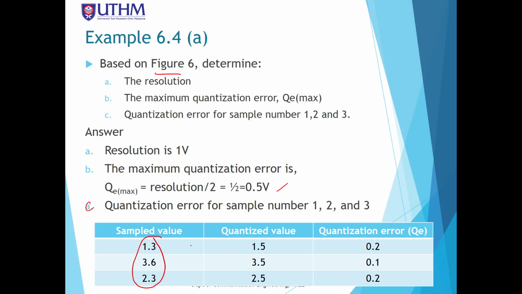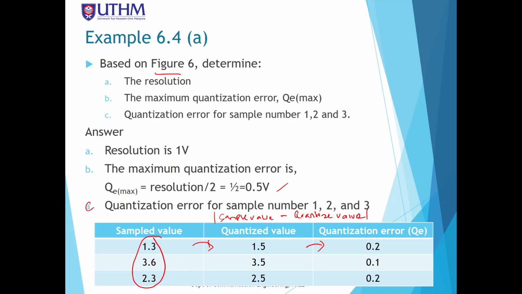The first sample is rounded up to 1.5 volt, and based on this, the rounded up value, which is the error, is about 0.2. So we subtract both of these: sample value minus quantized value. We put modulus to avoid the negative sign.